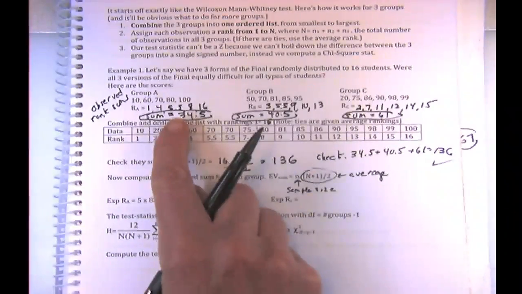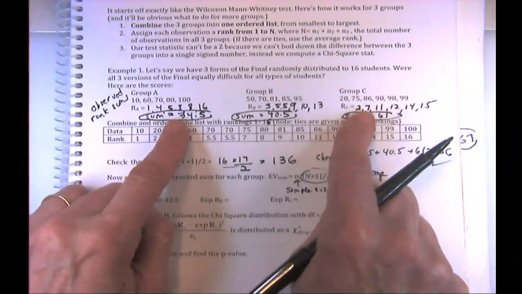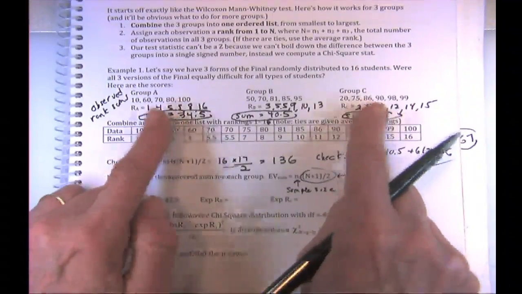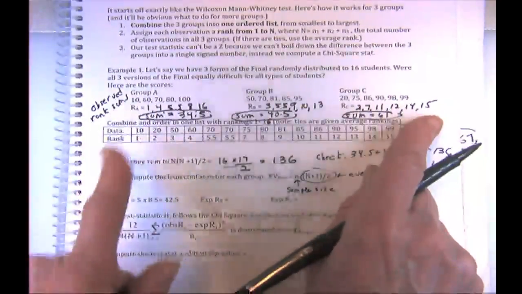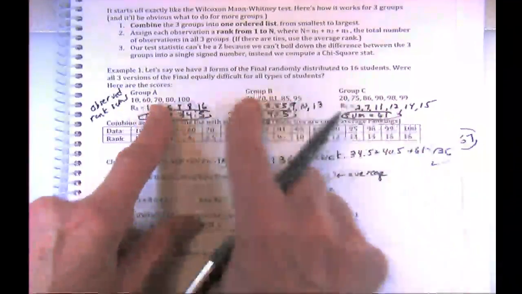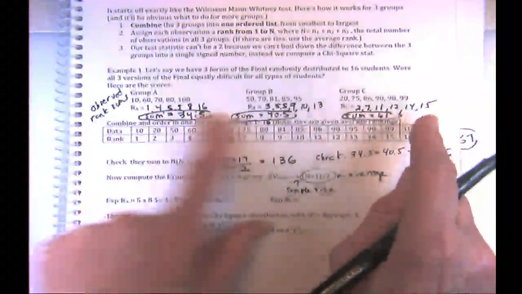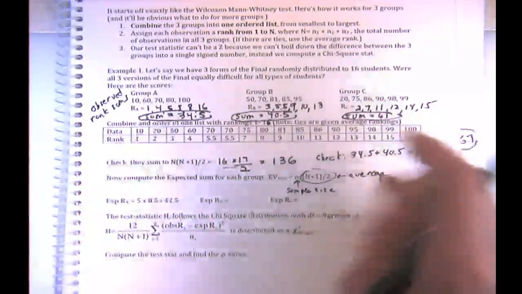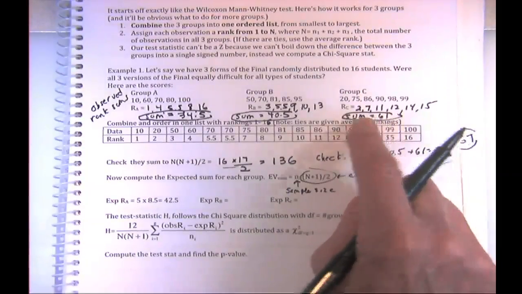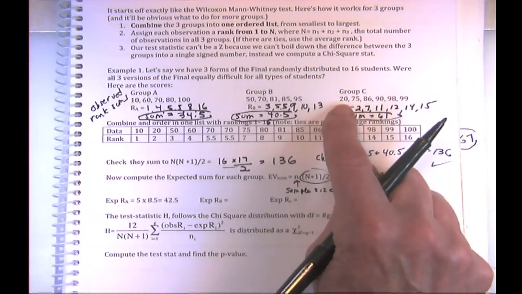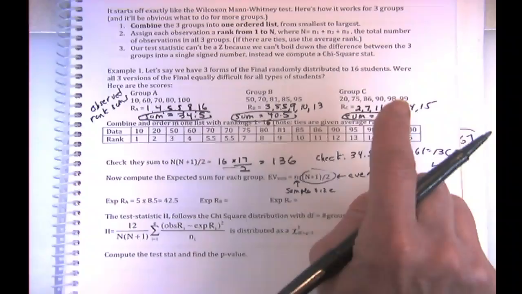Each group is going to be above and below average, but if you think there's absolutely no difference between the 3 groups, which is what the null is, then you would expect each group to be its sample size times the average.